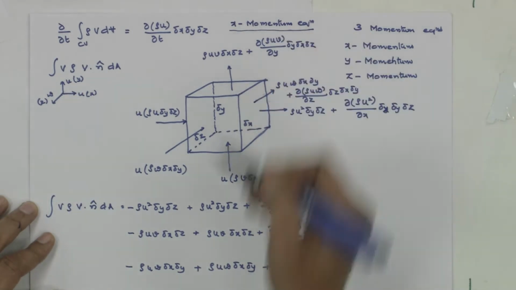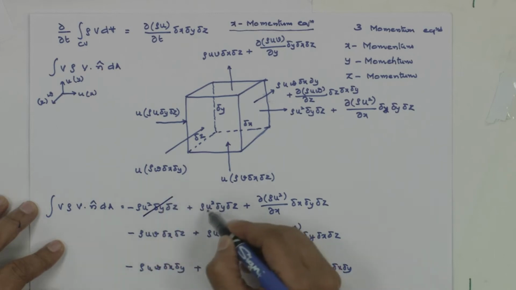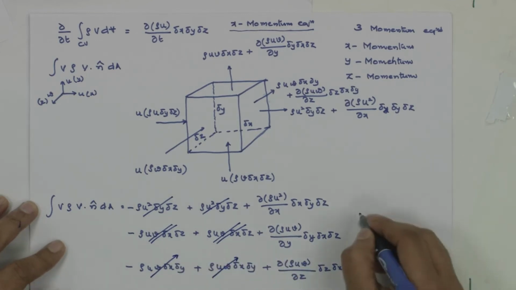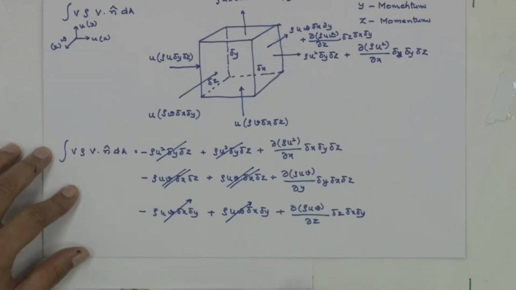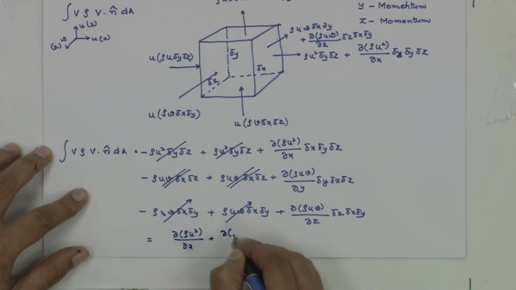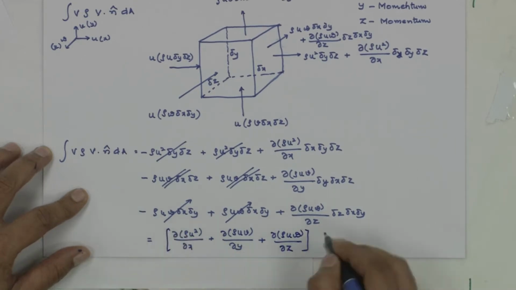So we did that Taylor's expansion, we put all of that here, and we find that now these two terms get cancelled out, these two terms get cancelled out, and these two terms get cancelled out. So I am left with del of rho u squared by del x plus del of rho uv by del y plus del of rho uw by del z, whole of this into delta x delta y delta z.